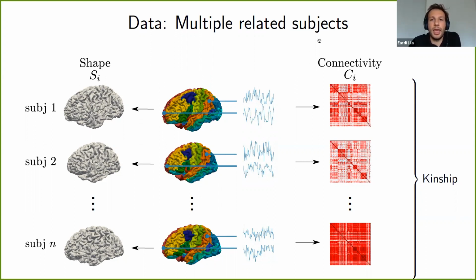And suppose you can do the same exact thing for connectivity. Suppose you can summarize this big matrix with one number, which is, say, a number of total connectivity. And you can do this for every subject. So for every subject, you will have only one number describing their connectivity.